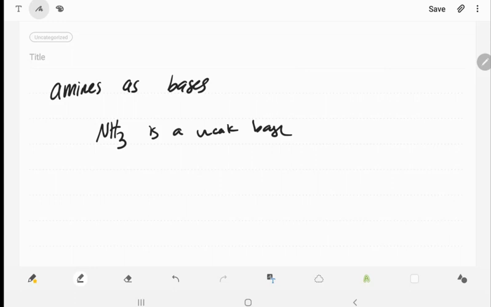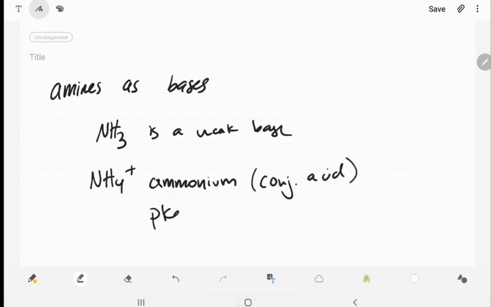And if you remember its conjugate acid has a pKa of around 10 to 11 or so, thereabouts. So this is a pretty weak acid coming from a weak base. That's pretty standard, right? From what we remember about acid-base equilibria.